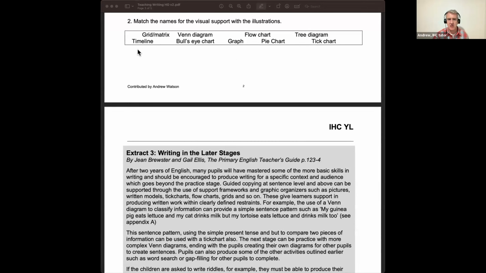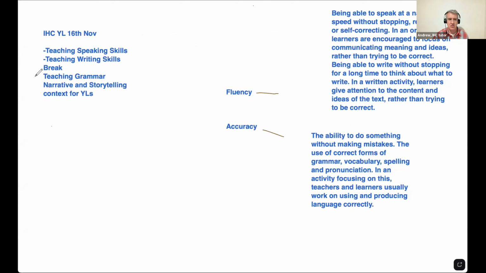Now, have you heard of this expression? An important concept in education: scaffolding. Do you know what the Spanish word is for that?